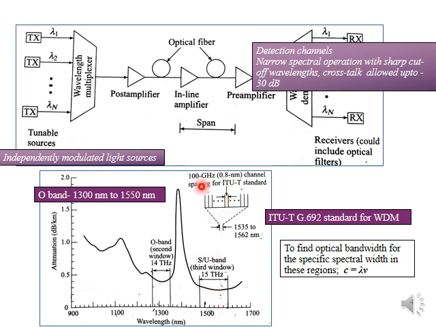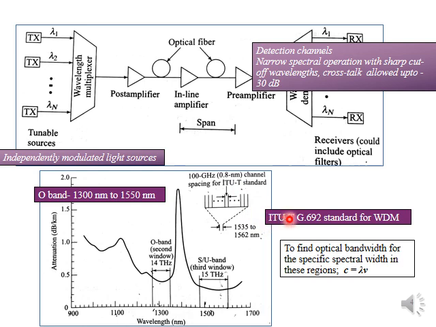And the third one is the standard designated by the ITU-T. ITU-T means International Telecommunication Union for Telephone. Its main job is to assign the wavelength based on the application. Suppose you want a certain range of wavelength or frequency spectrum for your specific application, then it can be allocated by ITU-T.